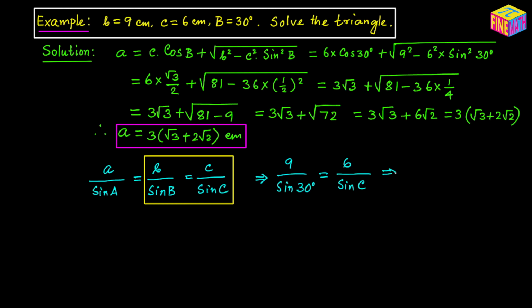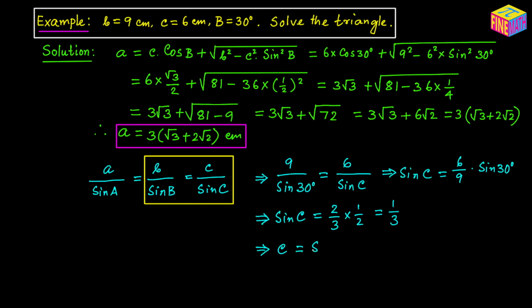And from here we can say sine of C will be equal to 6 over 9 times sine of 30 degrees. So sine of C is equal to 6 over 9, that would be 2/3, times 1/2, and this will be equal to 1/3. So angle C would be equal to sine inverse of 1/3, which is approximately 19 degrees and 28 minutes. So therefore angle C is equal to 19 degrees and 28 minutes.